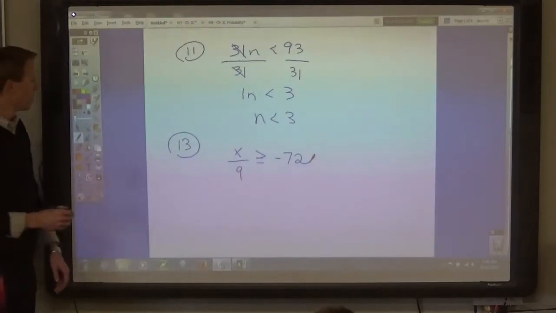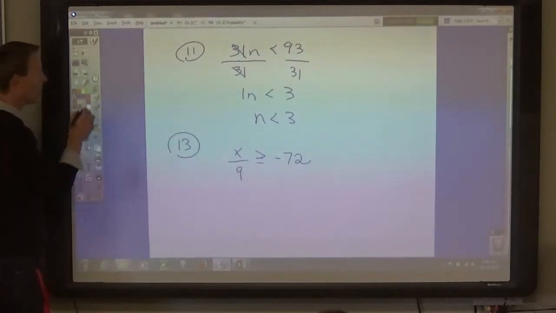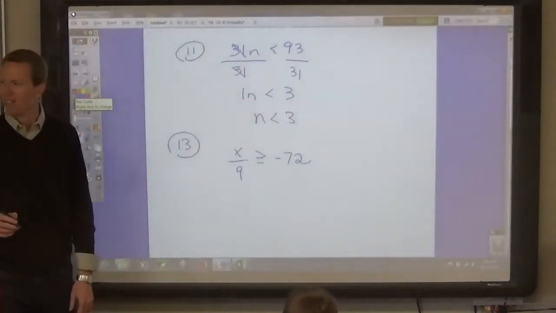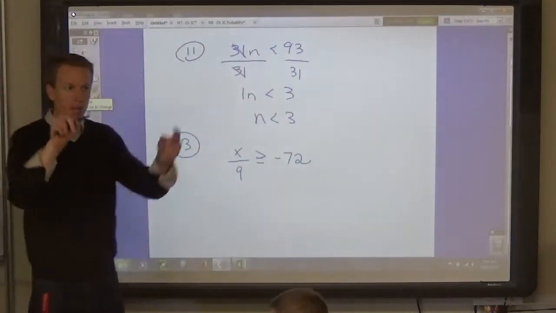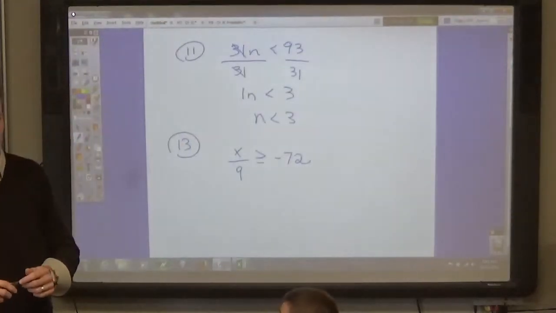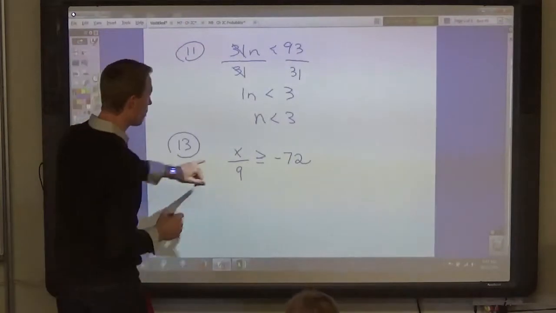Now, we have to multiply by the what? What's it called when you flip the fraction over? What is that called? The reciprocal. We have to multiply by the reciprocal.